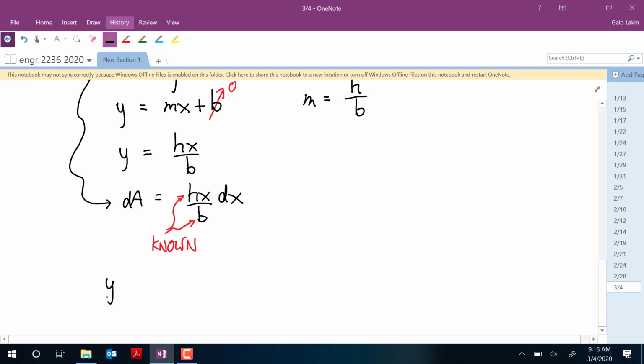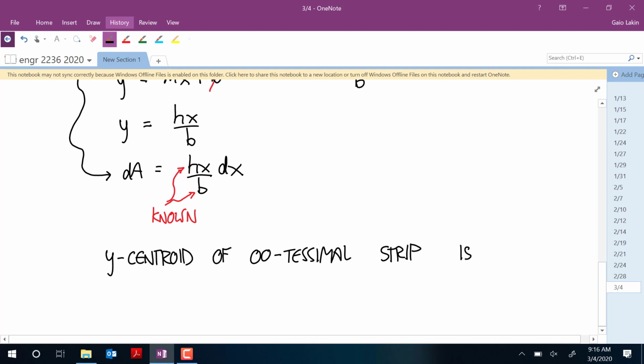So the y centroid of the infinitesimal strip is 1/2 of the y value at the top of the strip.